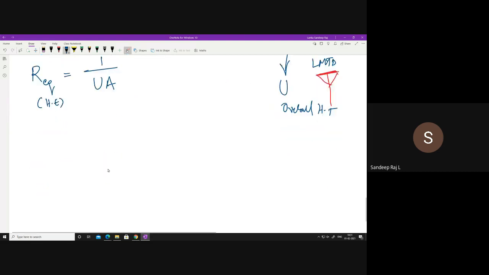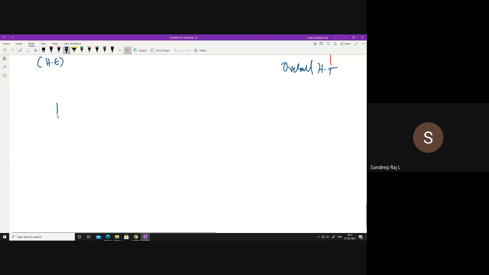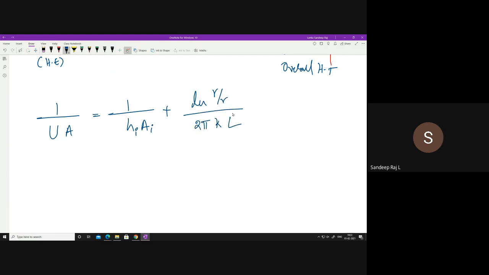So what I ultimately got here is 1 by UA is equal to 1 by HiAi plus ln R outer by R inner by 2 pi KL plus 1 by Ho Ao.